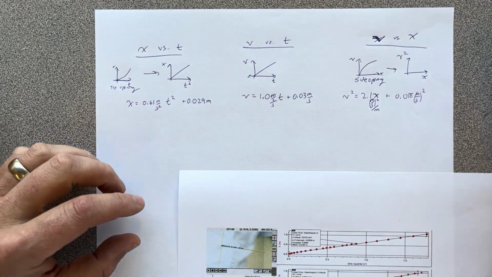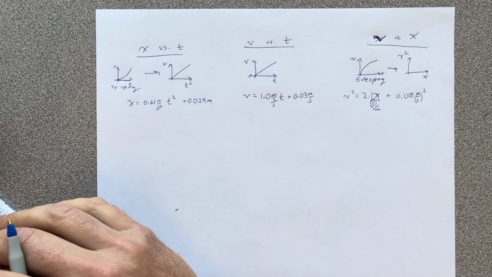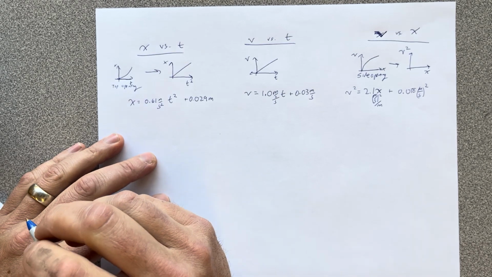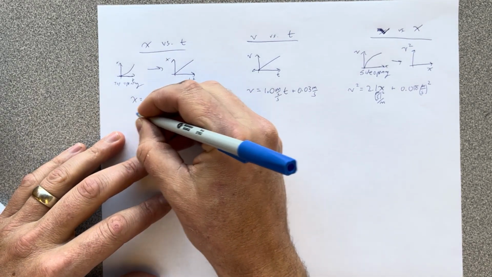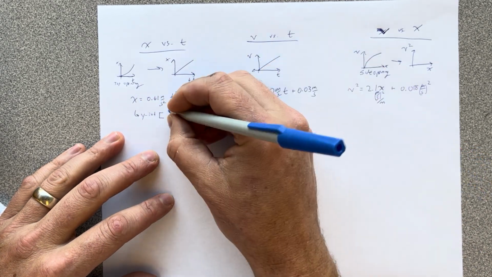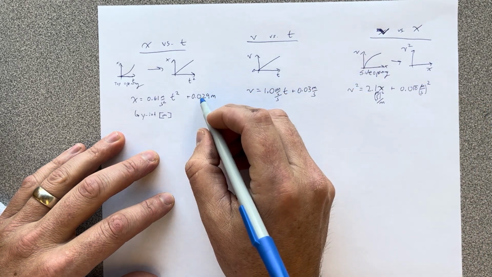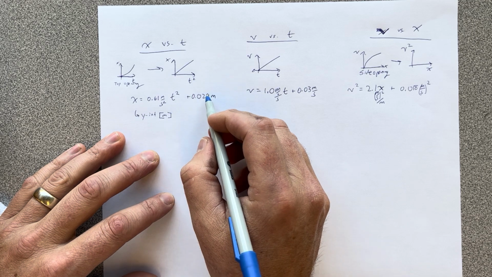All right. Then we talked about the meaning of the slope and y-intercept. Let's take a look at the y-intercept first. For each of these, we've got a y-intercept. I'll draw little arrows here. The units are meters. That would be the position when time squared equals 0.